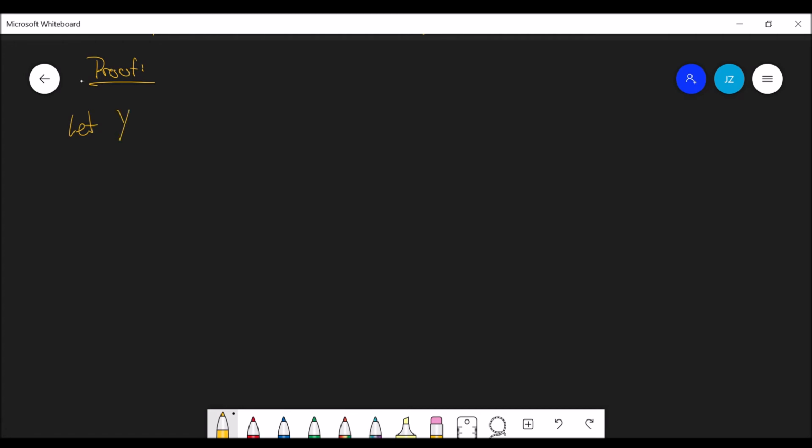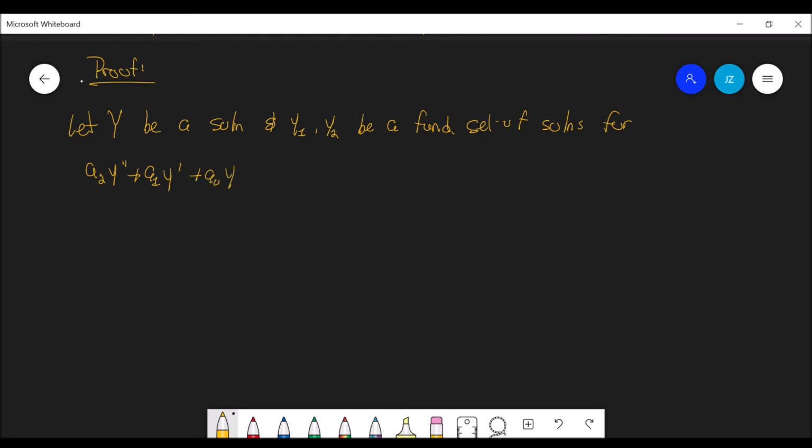So we're going to let capital Y be a solution, and Y1, Y2 be a fundamental set of solutions for the differential equation a2 y double prime plus a1 y prime plus a naught y is equal to 0.